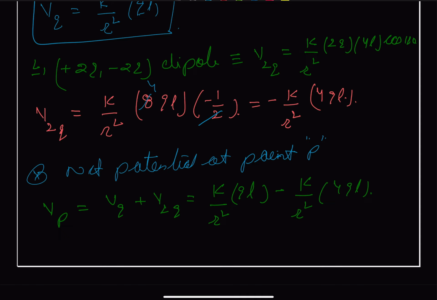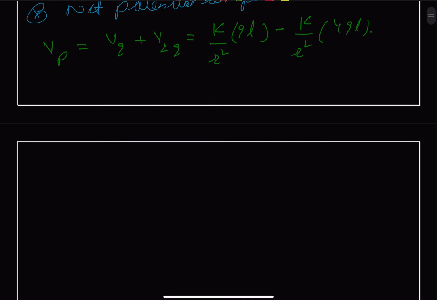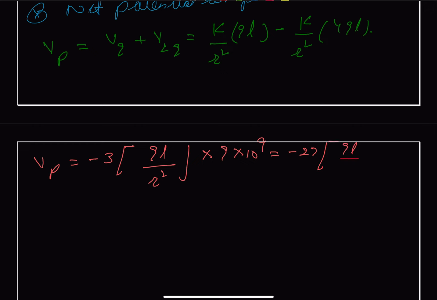And now it's quite easy. We can just take common, so it comes as 1 minus 4, that will be minus 3. So we get Vp will be equal to minus 3 QL upon R square, and value of K we can substitute, that is 9 into 10 to the power 9. This gives us minus 27 QL upon R square into 10 to the power 9.